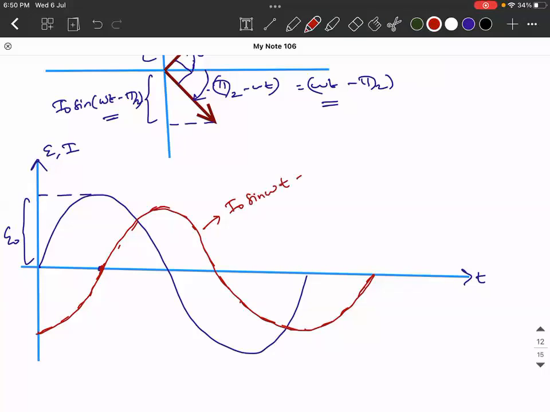I naught sine of omega t minus pi by 2, and E naught sine omega t.